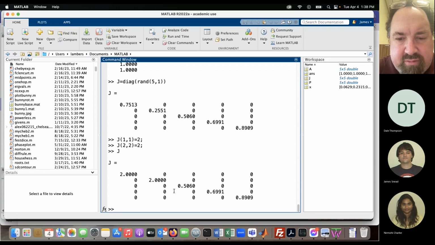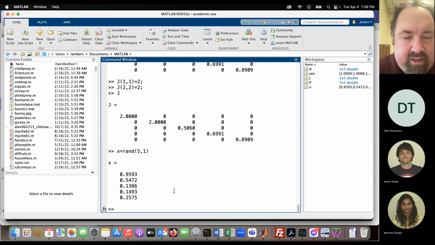So what would happen is if I make my initial guess and then apply the power method. Okay. So what would happen is the other entries of x should go to 0.